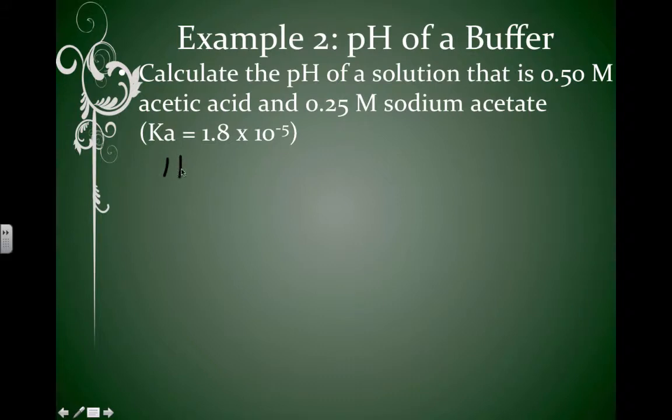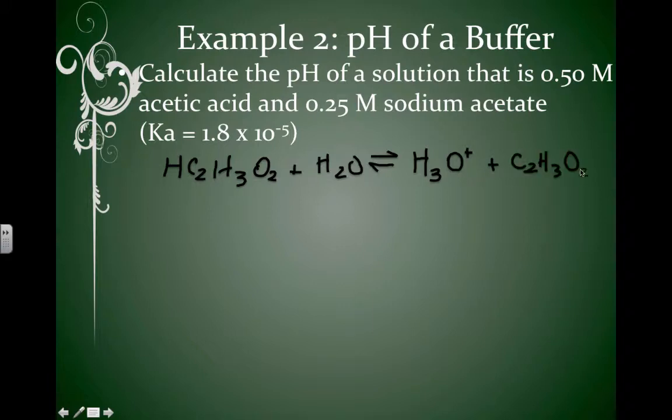Let's form hydrogen ions in solution. So I'll start with acetic acid, and we'll put it in some water. And that will raise the hydrogen ion concentration by forming hydronium ions and acetate ions. So there's our reaction.